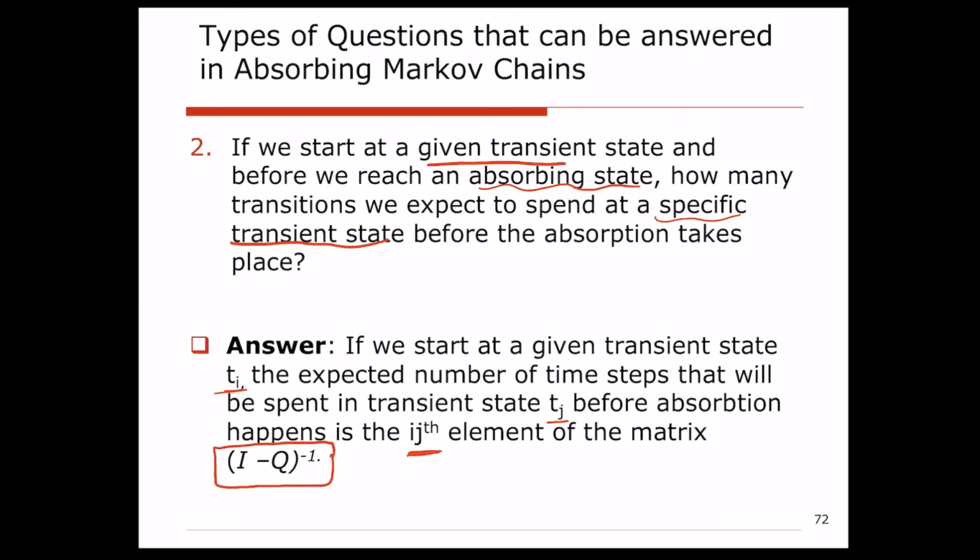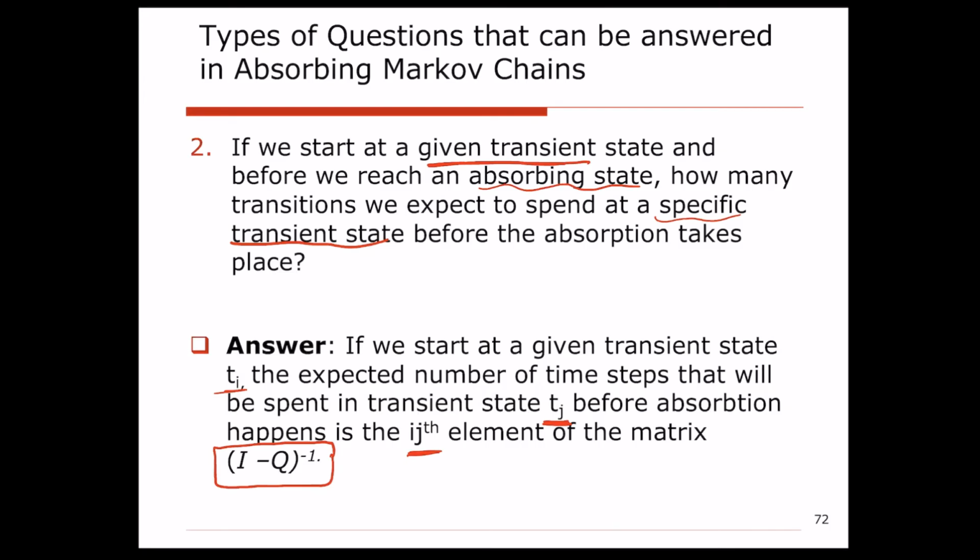I'm not saying, if I'm at this transient state, what is the probability that I end up at this absorbing state or at that absorbing state? I'm not looking for probability. I just say if I'm at a given transient state, what is the number of time steps that I'm going to be at another transient state Tj before I finally end up in one of the absorbing states.